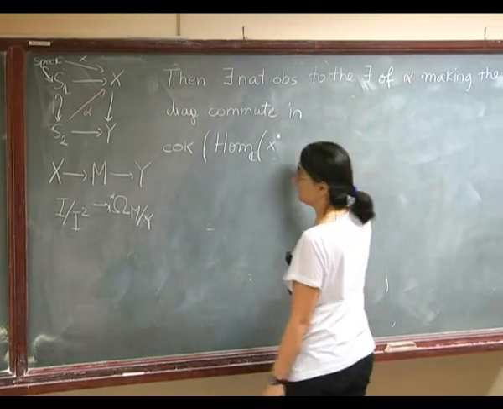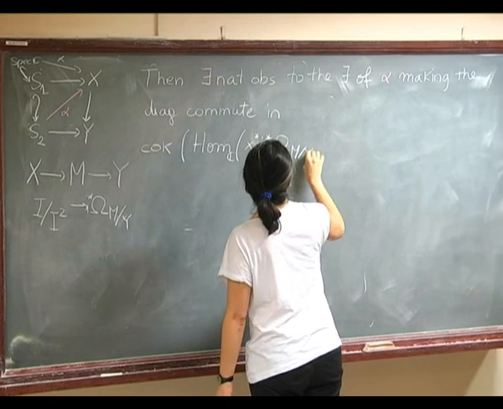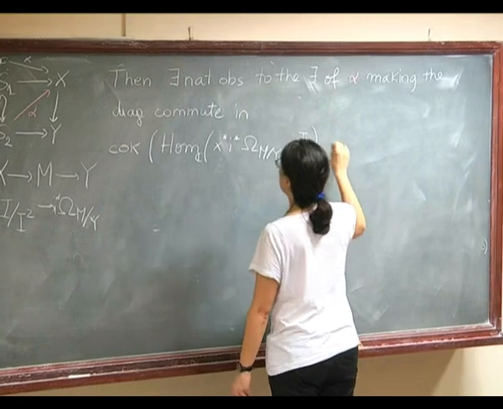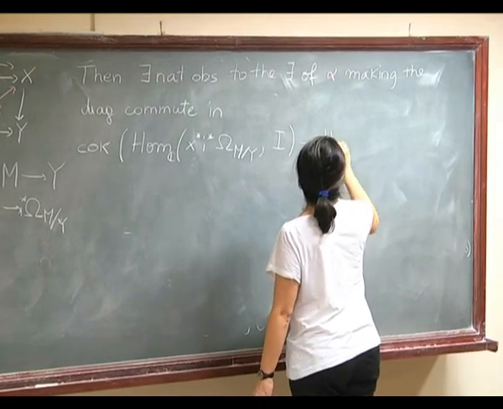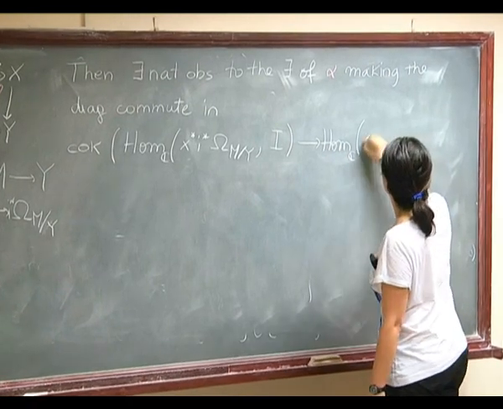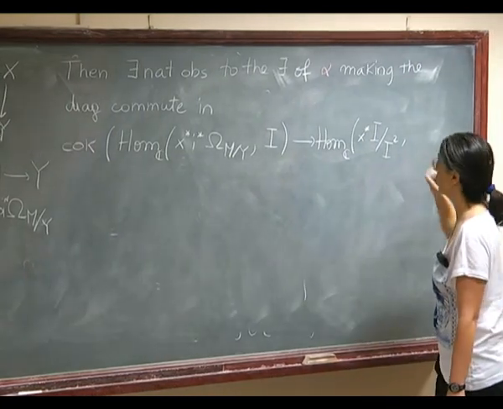I pull back Omega_M over Y to I, to Hom, always C, X pullback, I mod I squared.